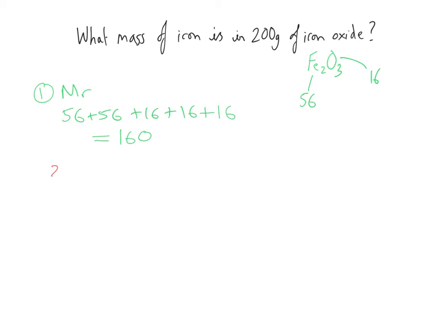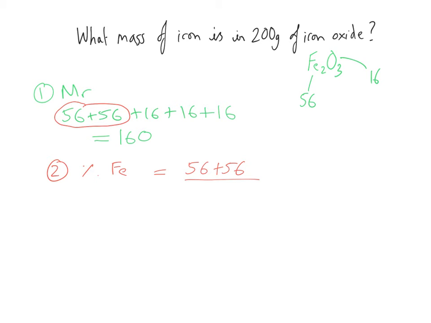The second thing that we need to do is work out the percentage by mass of iron in iron oxide. And so the mass of iron is 56 plus 56 because we've got 2 iron present in there. And so that gives us our 112 on the top, but I'm just going to put it as 2 lots of 56 just so we can really see that there are 2 iron in iron oxide.